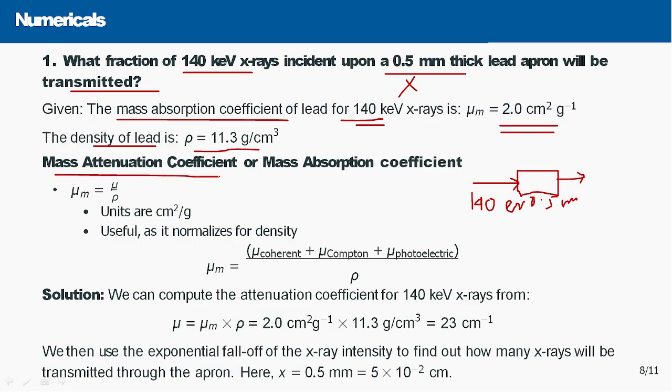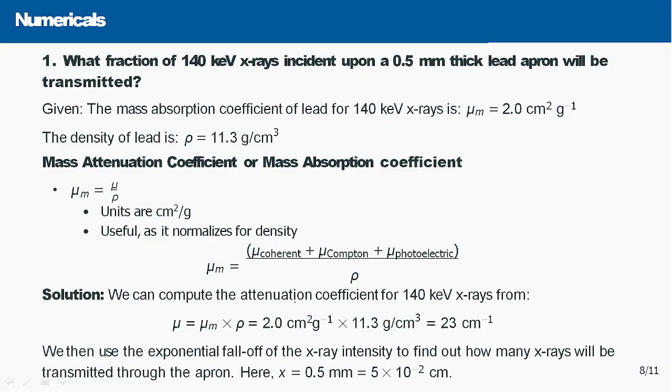The mass attenuation coefficient or mass absorption coefficient, mu m, is your mu by rho, given in centimeter square per gram. As we have discussed, it is the combined value of your attenuations in case of coherent, Compton and photoelectric, divided by the density, rho, that will give you mu by rho. Now coming to the solution.